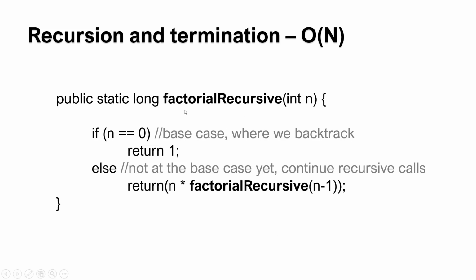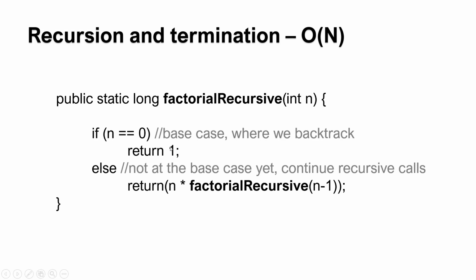This is a function that calculates the factorial. That is a math term, and the factorial is kind of 1 times 2 times 3 times 4 all the way up there, and it can produce really high numbers. And we will have a base case stating that when n is 0, we will backtrack.